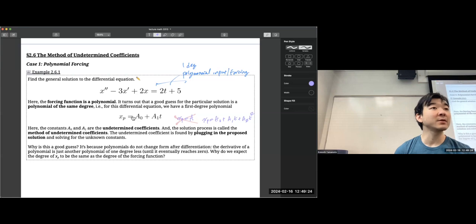You can go higher degree, but if you match the terms on each side, you're going to notice that there are t squared terms on the left-hand side where there are no t squared terms on the right-hand side. So you'll automatically find that you'll have to make this equal to 0 in order to satisfy it. So if it's going to be 0 anyway, why even put it in there?